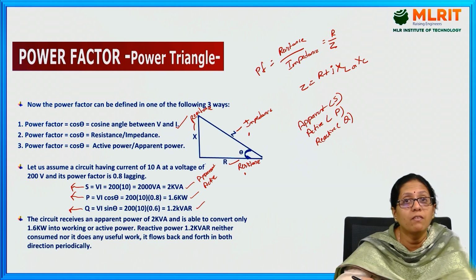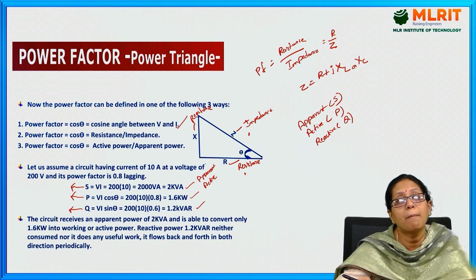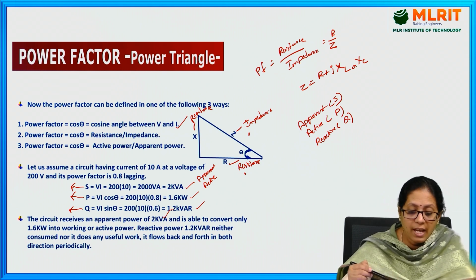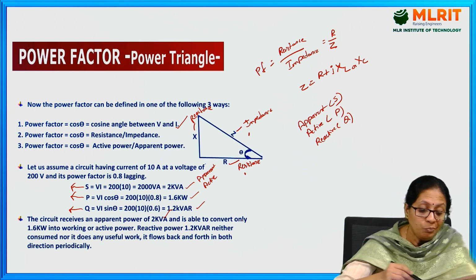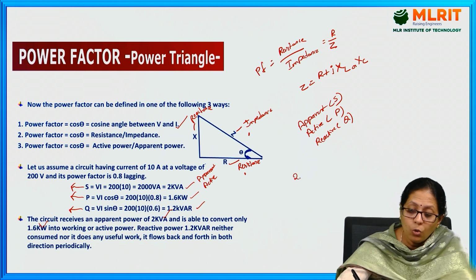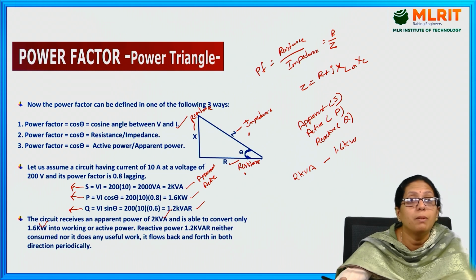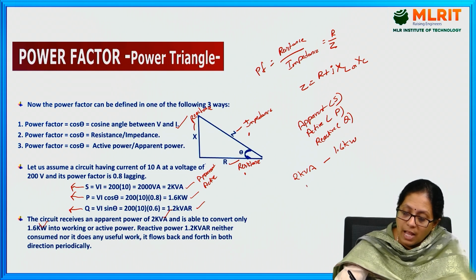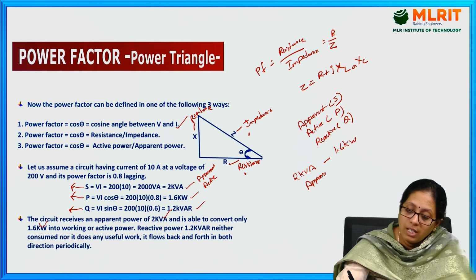Here they have given 3 values of S, P and Q, and the circuit receives an apparent power of 2 kVA and is able to convert only 1.6 kilowatts into the working or the active power. Means out of 2 kVA, only 1.6 kilowatt is being converted. So, the reactive power will be, as I said, apparent is equal to active plus reactive.